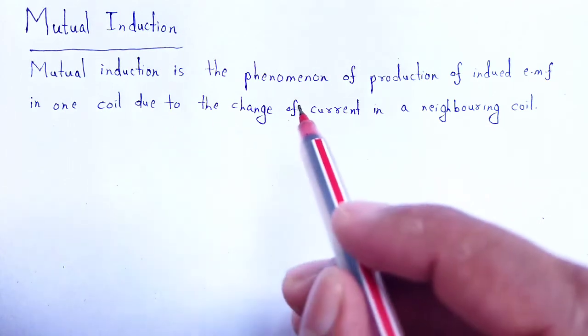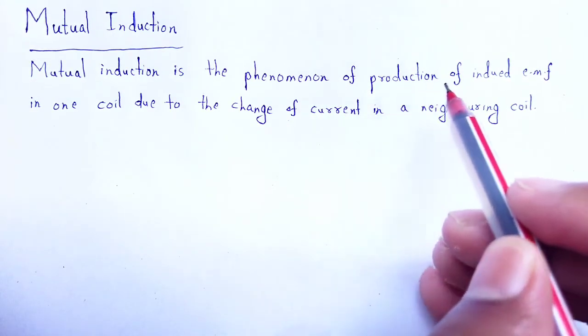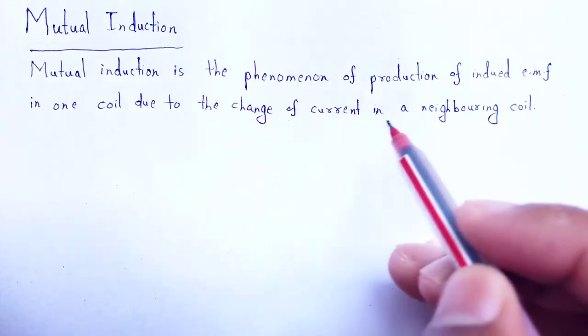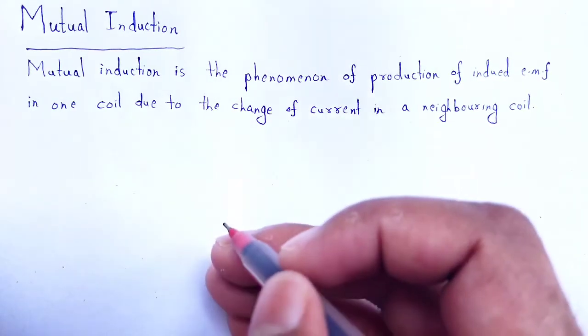Mutual induction is the phenomenon of production of induced EMF in one coil due to the change of current in a neighboring coil. Let us take two coils.